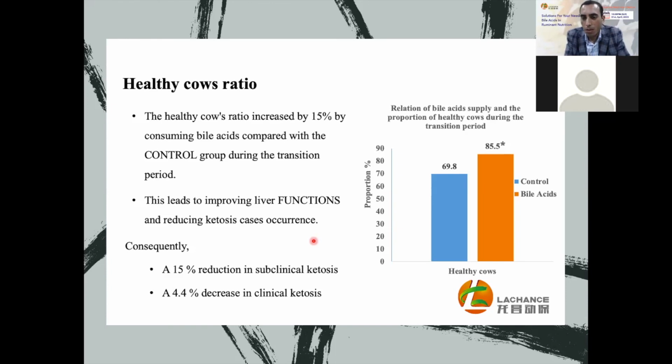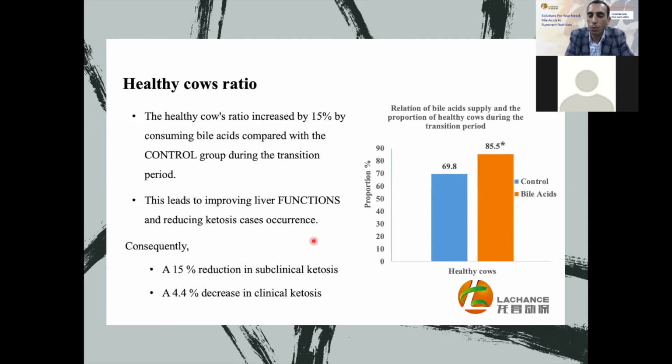Ketosis was tested in this experiment using the beta-hydroxybutyrate level with the rapid kits used in dairy farms. So that is the only explanation. The NEFA concentration in the blood is lower, or the oxidation level is enhanced, by bile acid supplementation.